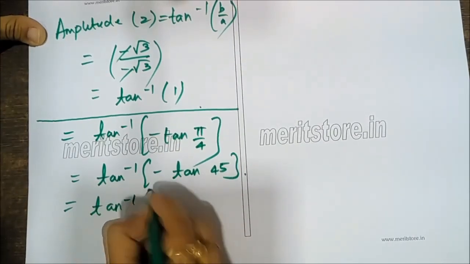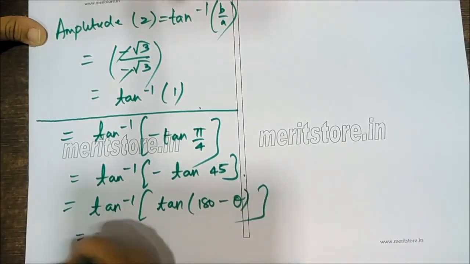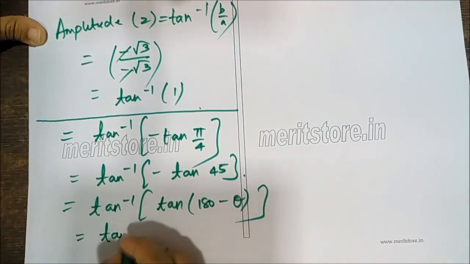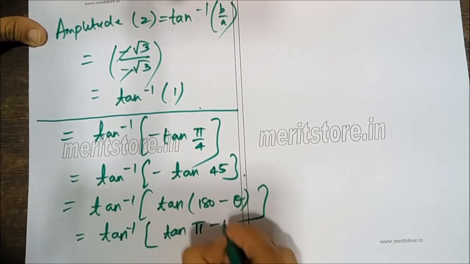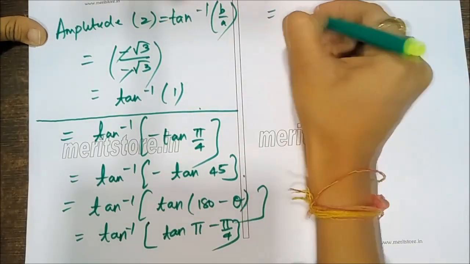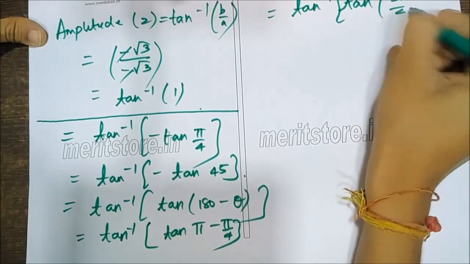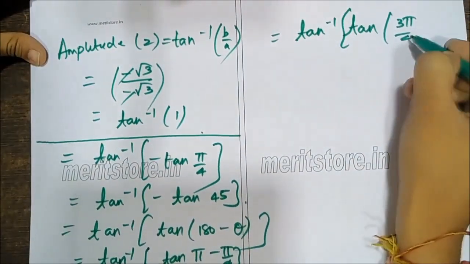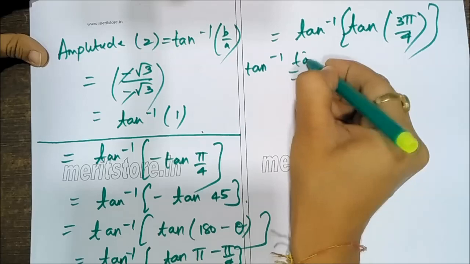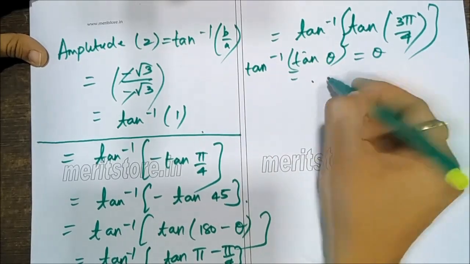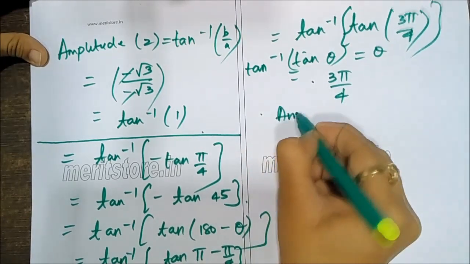So tan inverse of tan 180 minus theta, that is tan inverse of tan pi minus pi by 4. Taking LCM, tan inverse of tan 3 pi by 4. Again, tan inverse of tan theta is theta, that is 3 pi by 4. That is your amplitude for this question.